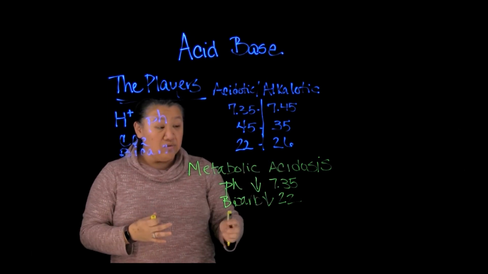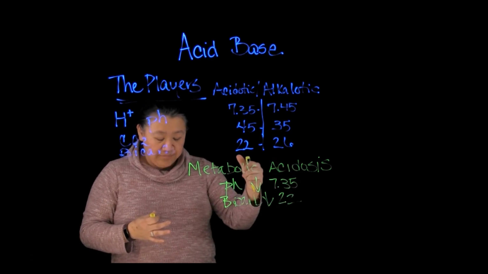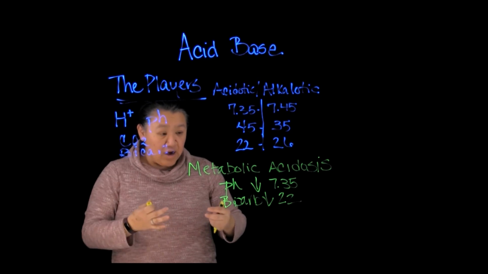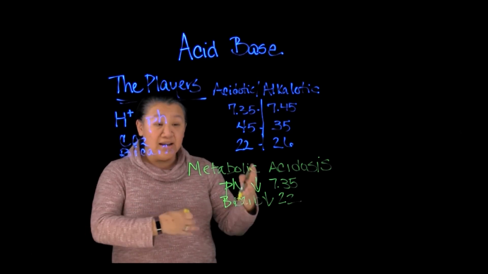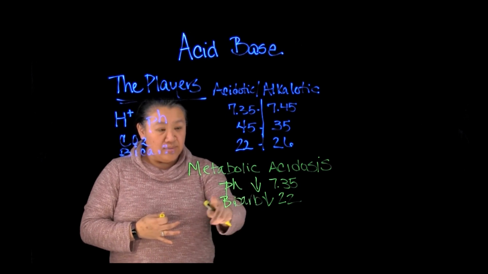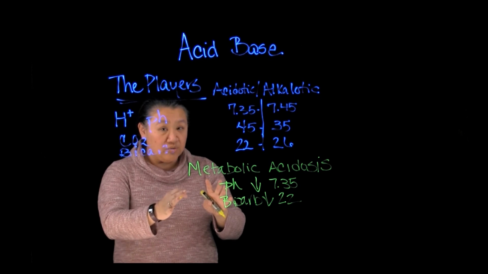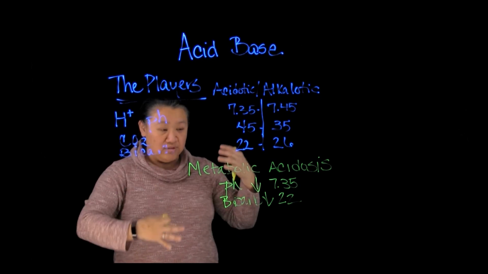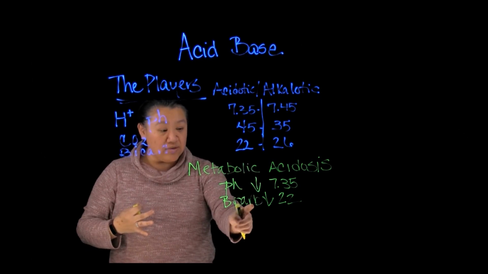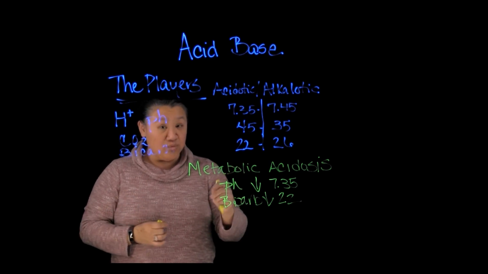So now you either need to get rid of the acid in order to bring the pH up, or you need to somehow retain some base to buffer out the acidosis. Now, because we're talking about a metabolic issue that may be related to the kidneys, and your bicarb is primarily governed by the kidney, your lungs would have to compensate.